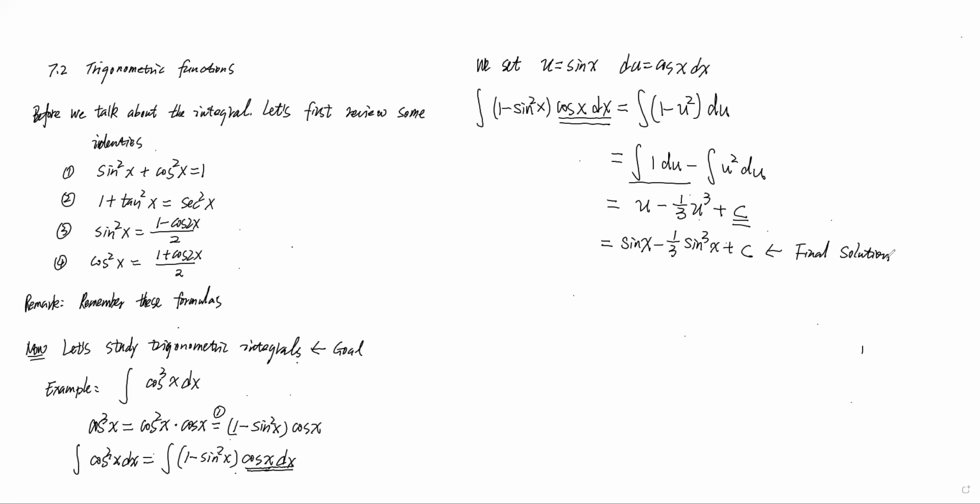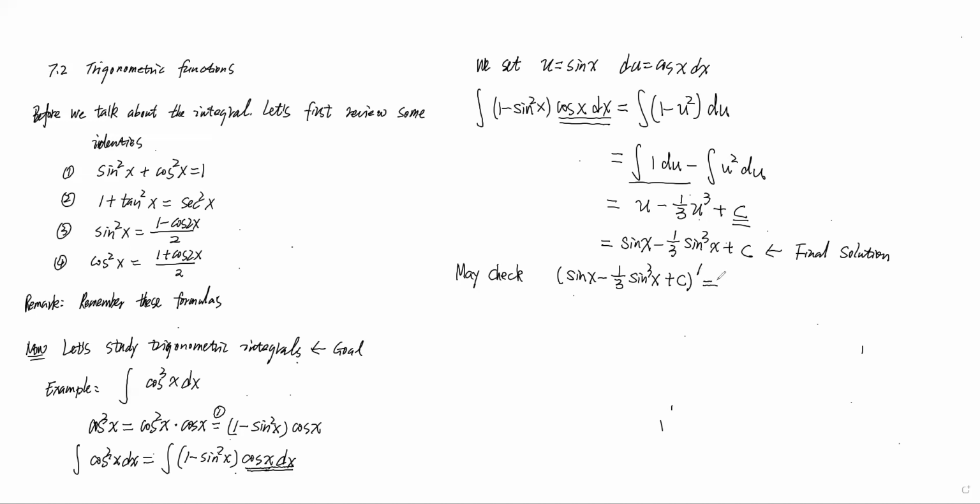Okay, that's this problem. Sometimes if you are worried about whether you got the correct solution, you may check the derivative of sine x minus one third sine cubed x plus c. You compute the derivative.